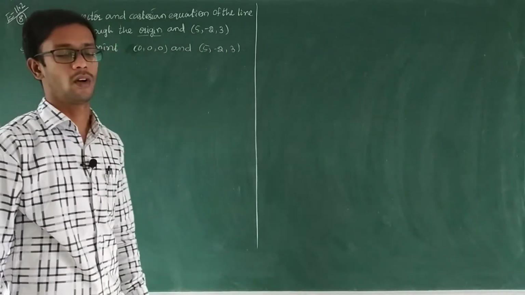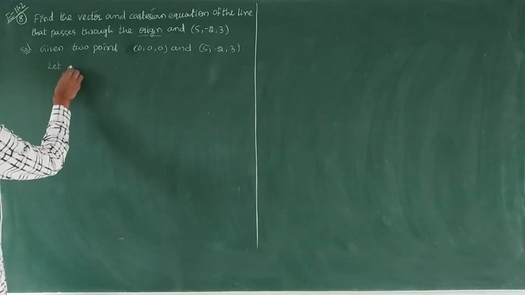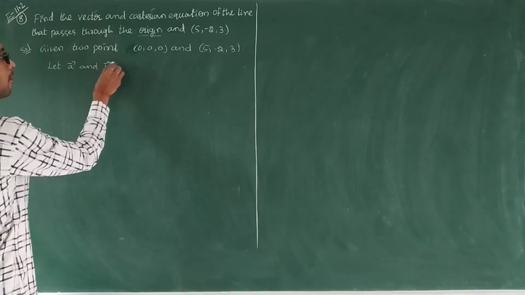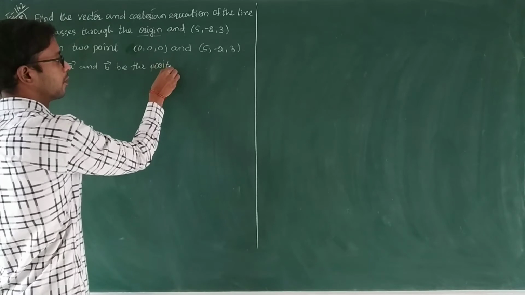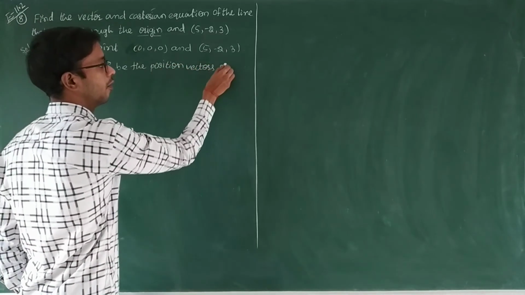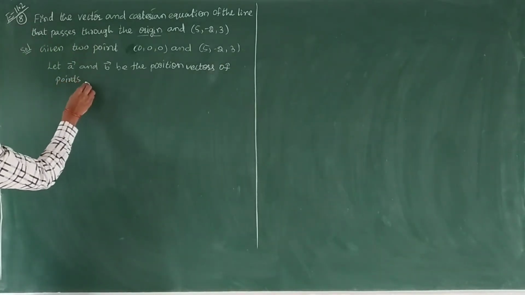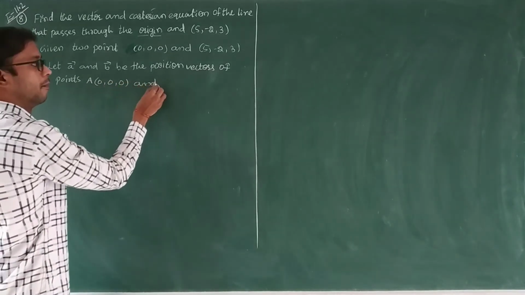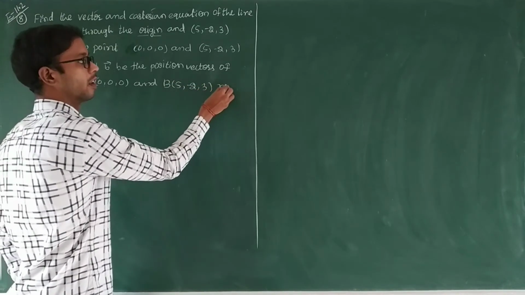So I am taking here, let A bar and B bar be the position vectors of points A 0, 0, 0, and B 5, minus 2, 3 respectively.